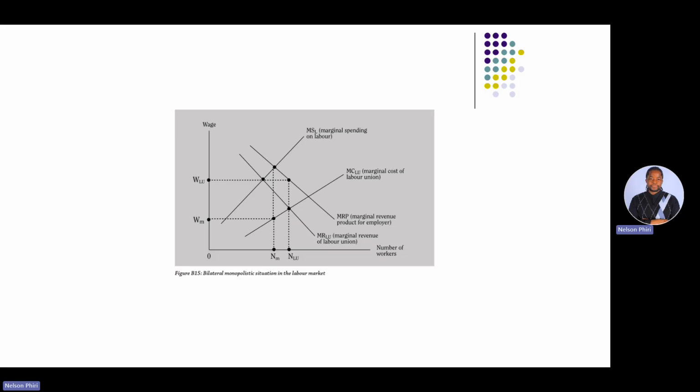So very interesting analysis. We have a union and a monopsonist. It shows us which party has the stronger bargaining point. If it's the union, the wage rate tends to be closer to WLU and the number employed closer to NLU. While if it's the monopsonist, the wage rate is closer to WM and the numbers employed closer to NM. A very, very interesting observation there.